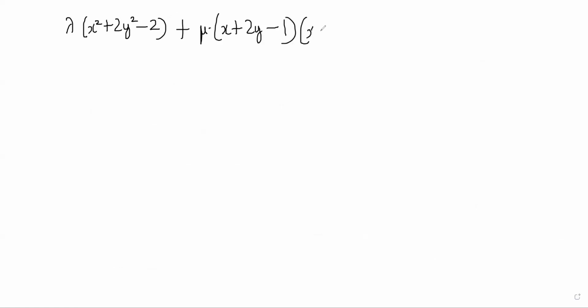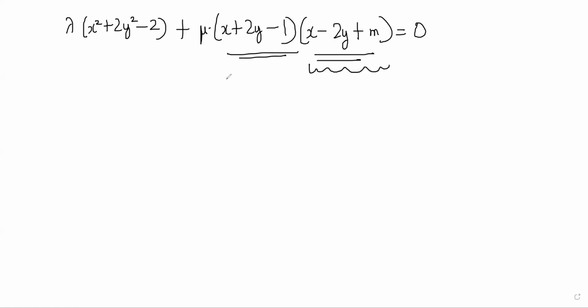We say lambda times (x square plus 2y square minus 2) plus mu times (x plus 2y minus 1), and we can write another line, x minus 2y plus m equal to 0. Why are we putting this x minus 2y plus m?